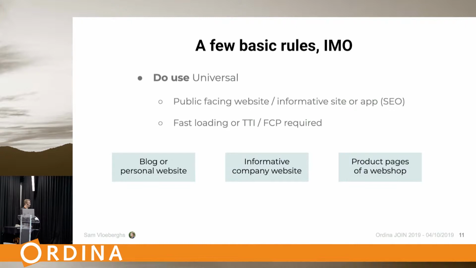So some examples: a blog or a personal website, an informative company website, or for example product pages of a web shop. Then another question is, of course, would you use Angular for this? But that's not the scope today. My idea is that you have to use the tools that you know to solve a problem.